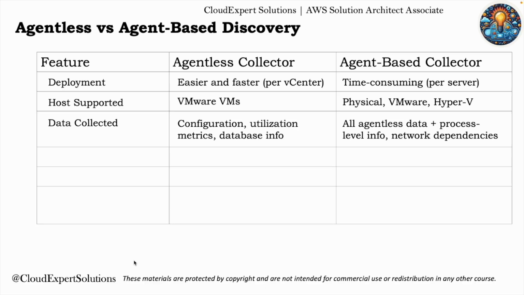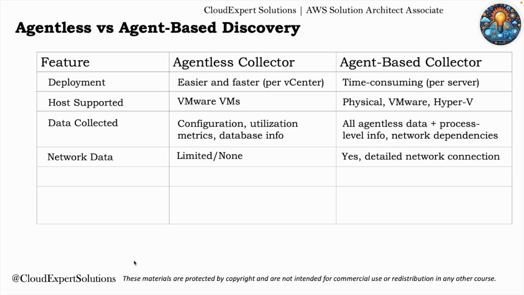Next, the data collected. The agentless collector only collects configurations, utilization metrics, and database information on a very high level. However, the agent-based collector collects deep-level information: all the agentless data, and on top of that, process-level information, network dependencies, and more. Moving to network data, the agentless collector does not provide, or provides only limited, information on the network data.